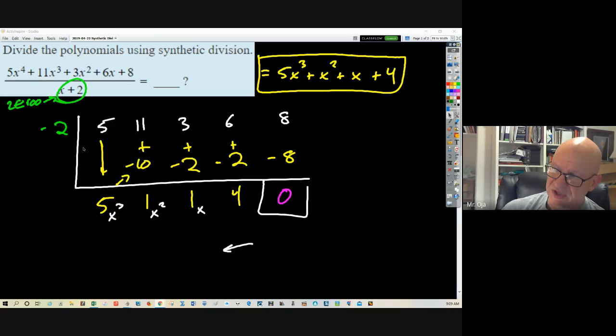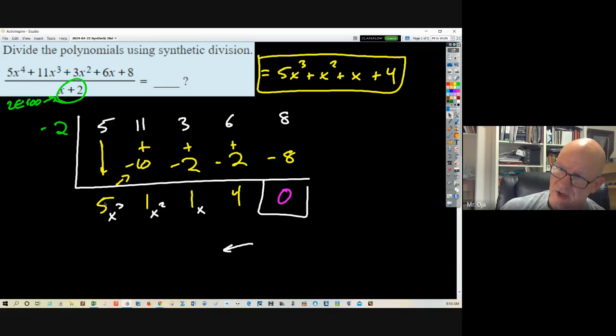Okay, and then the process just goes like this. We'd start off with nothing else in the bracket. All the stuff in yellow is stuff that we haven't done yet. So the first thing you do is take the first coefficient, the first number inside the bracket, and drop it straight down underneath the bracket. So the 5 drops down.